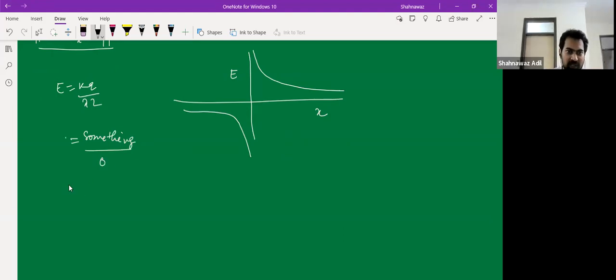Something by 0 is undefined, infinity, right? So this will come at this point. When we are increasing the value of x, we are increasing the denominator, and these are some constant values.